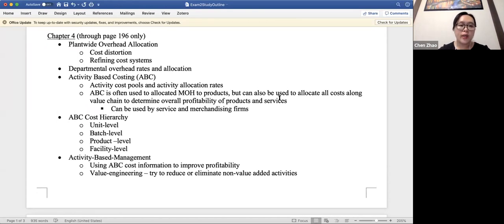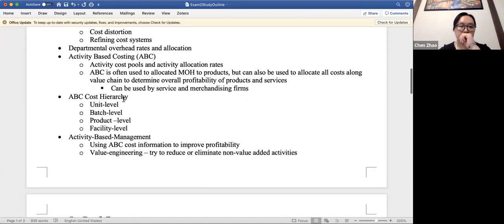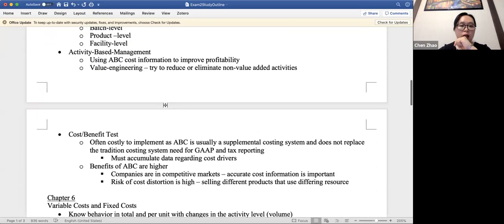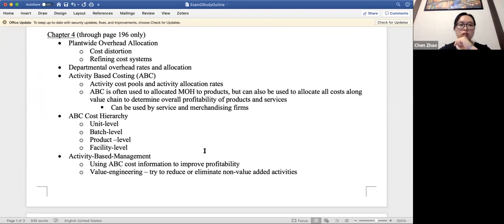We have gone through all these examples for chapter 4. And if you understand how to do allocation of MOH in chapter 3, you should be good to calculate the activity-based MOH for chapter 4. I don't think I want to say a lot about chapter 4. Do you have any specific questions here?